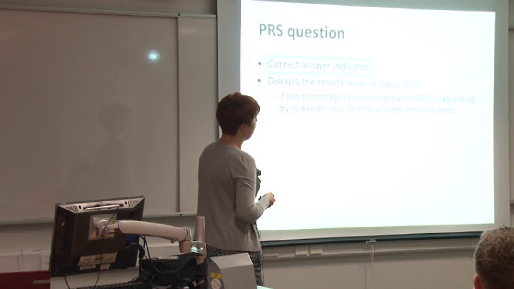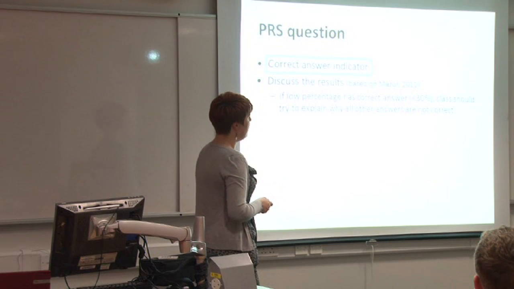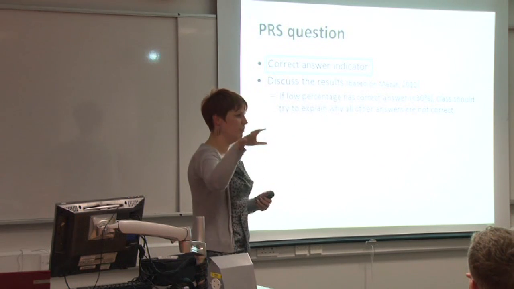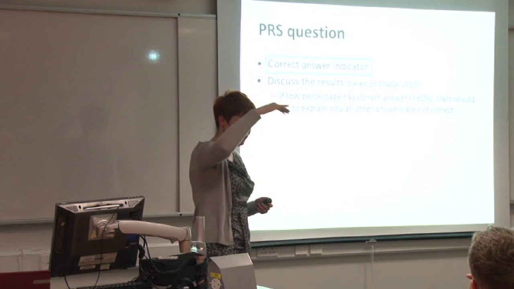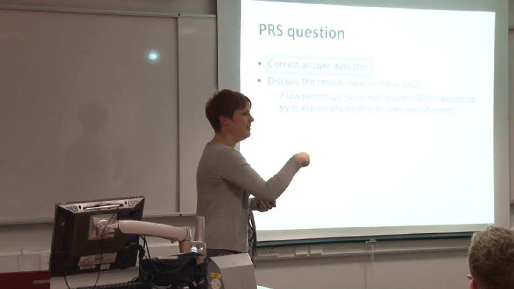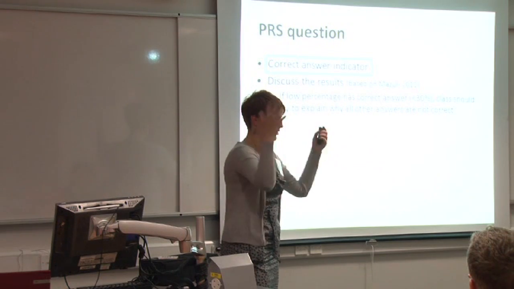What happens is that if very few people got the correct answer, I try to make the classroom explain to me per answer why it's incorrect or why it is correct. And because we do it as a group, there's always someone that shouts out.